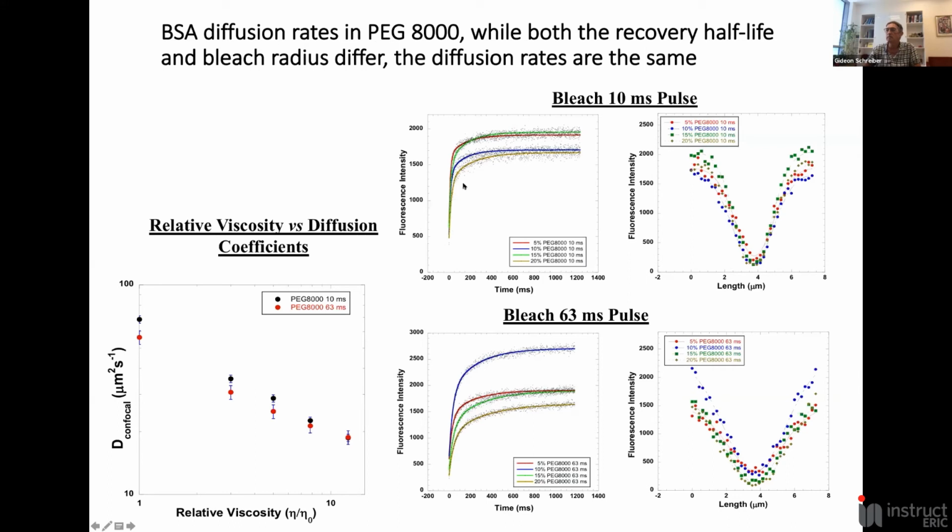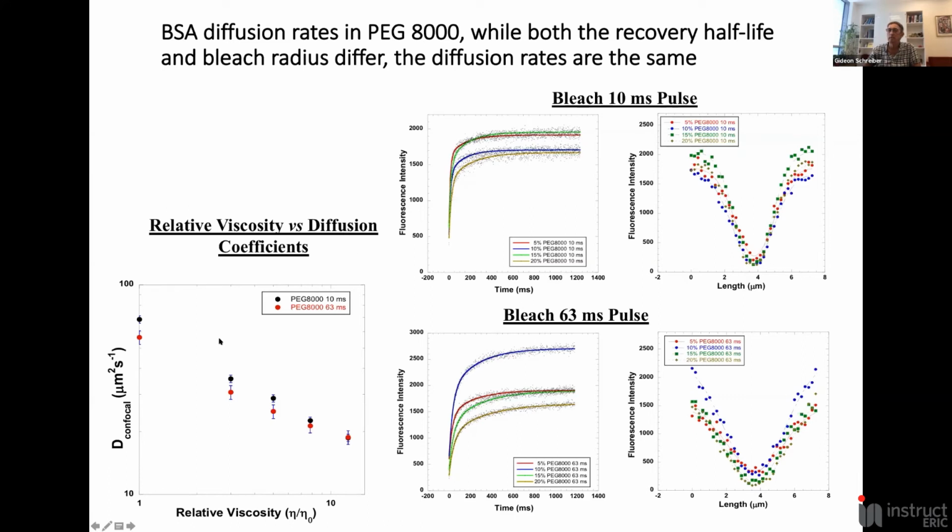We also can see nicely how well the parameters of the diffusion time, doing bleaching in 63 and 10 milliseconds, converge, because of the way that we calculate it and that we do our measurements.